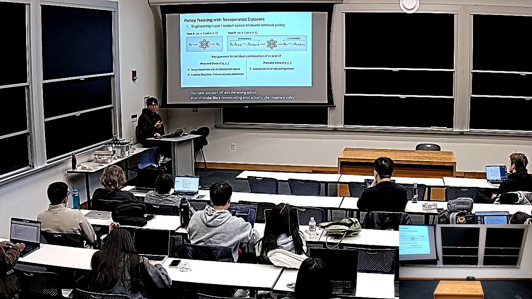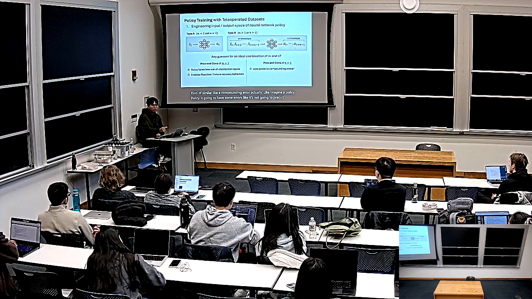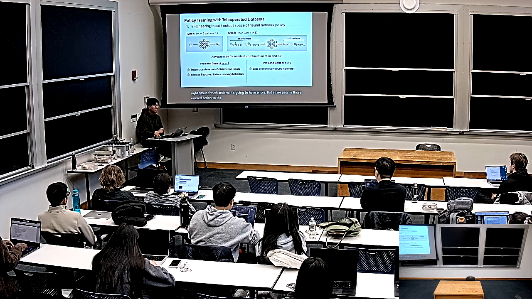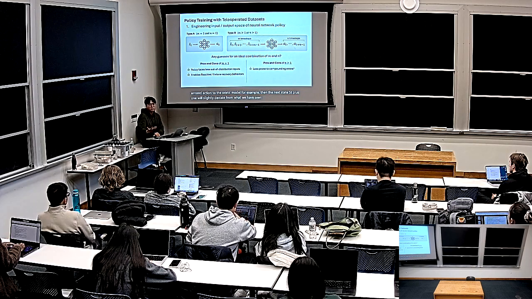The policy is going to have some errors, right? It's not going to predict exactly the right ground truth actions. It's going to have errors, but as we pass those errored actions to the world model, for example, the next state, ST+1, will slightly deviate from what we have seen during expert demonstrations, right?